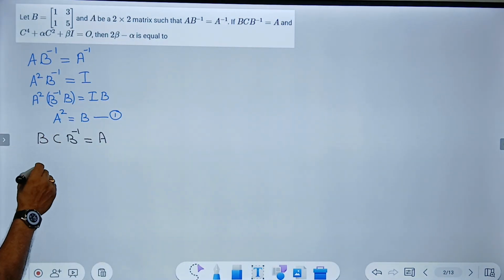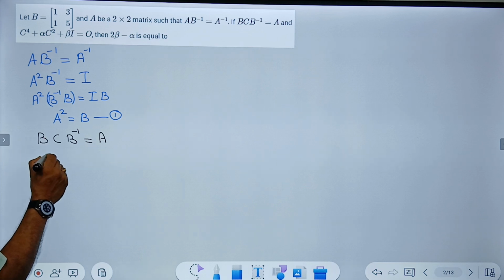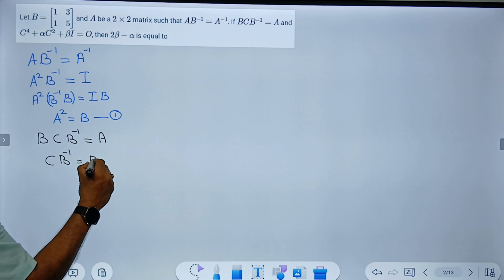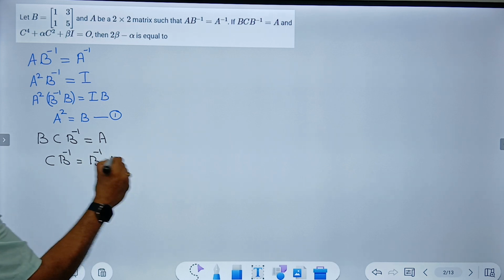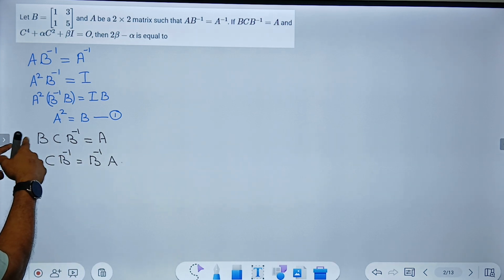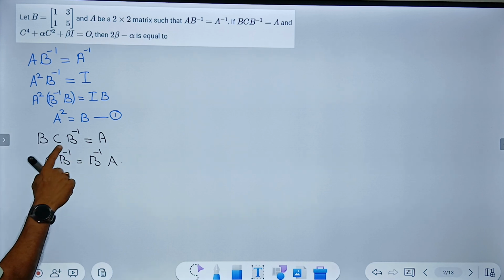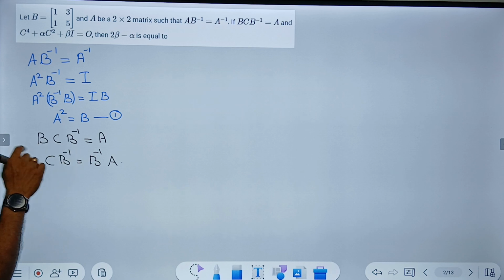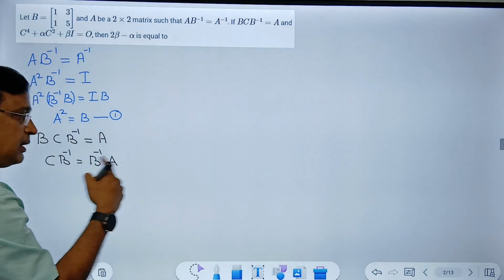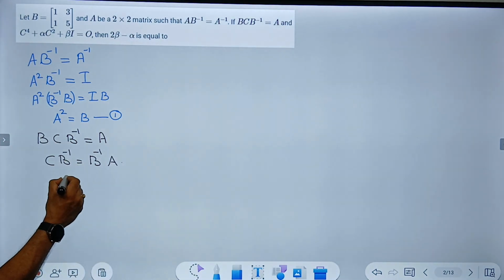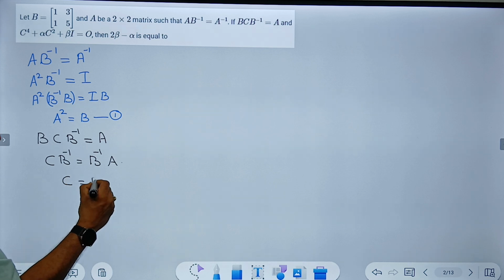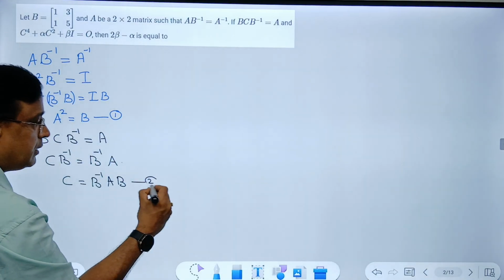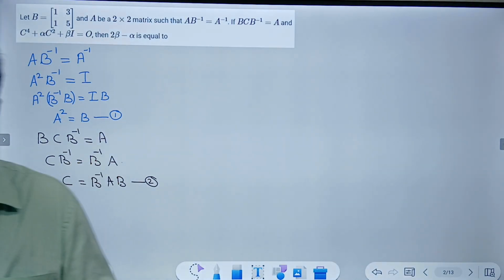To find C, I pre-multiply by B inverse, so I get C B inverse equal to B inverse A. Now I want to get rid of this B inverse, so in the next step I post-multiply by B. This becomes C equal to B inverse A B. So this is the second thing I have got from the question.